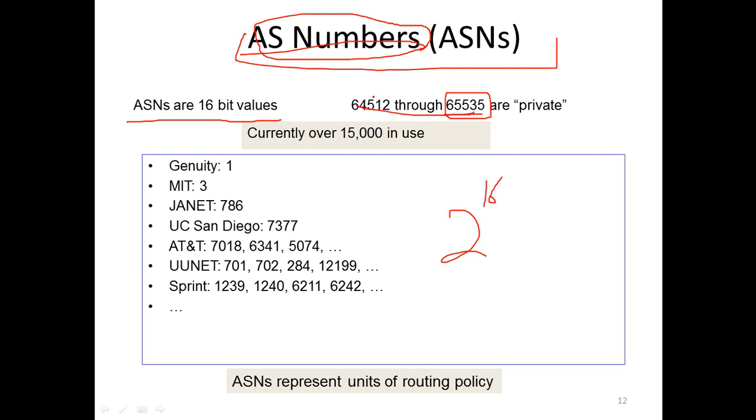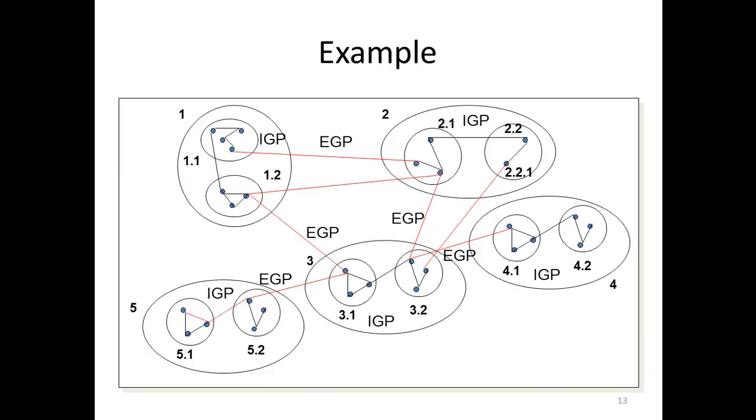But from this range to this range, this will be kept as private, not for public use, and the remaining will be used for the public. These are some values that you will be seeing in practice. You can see this example inside this.